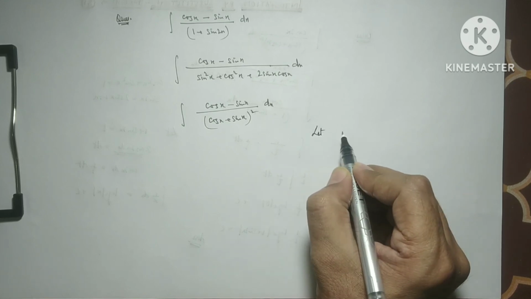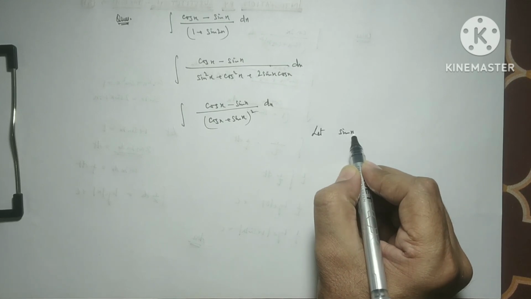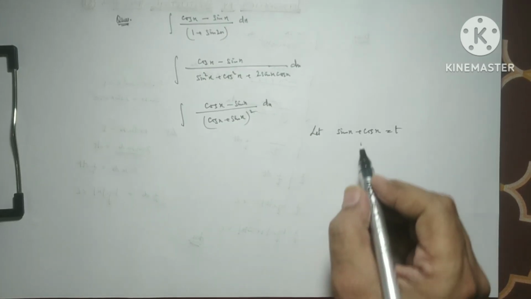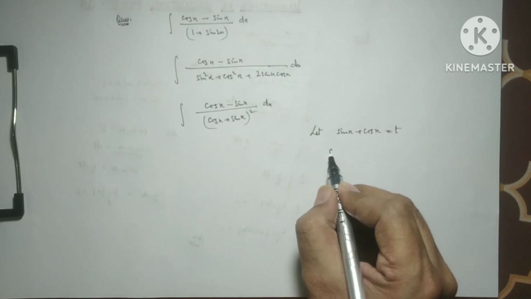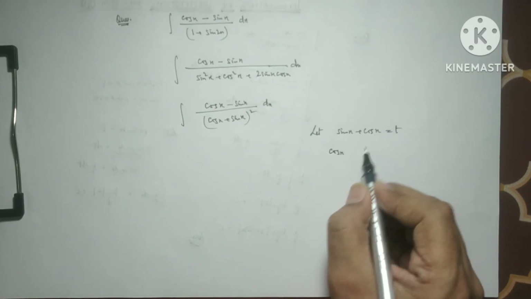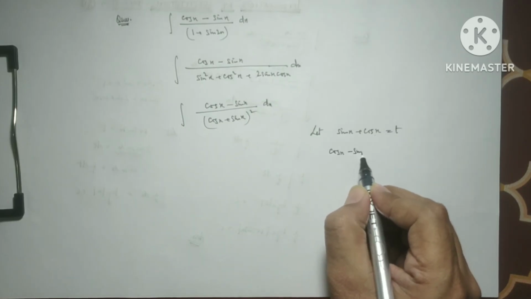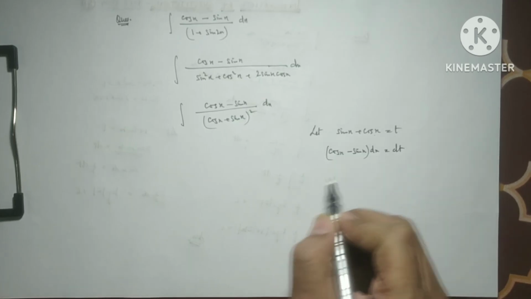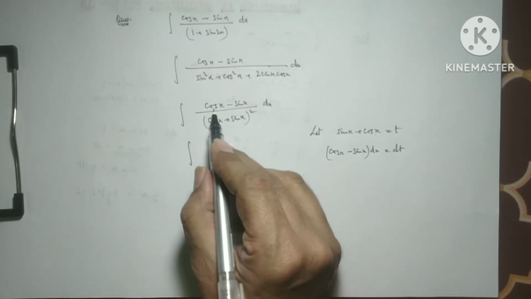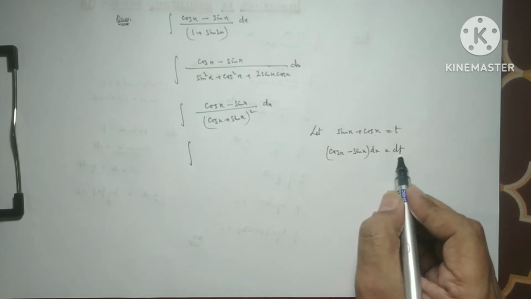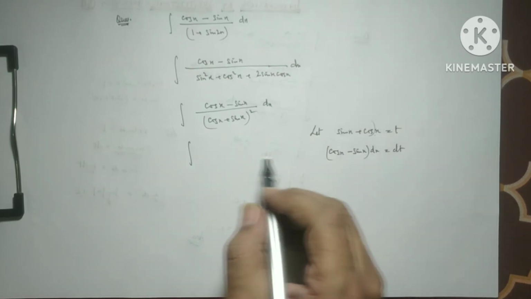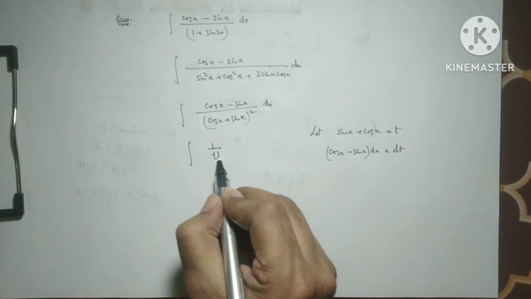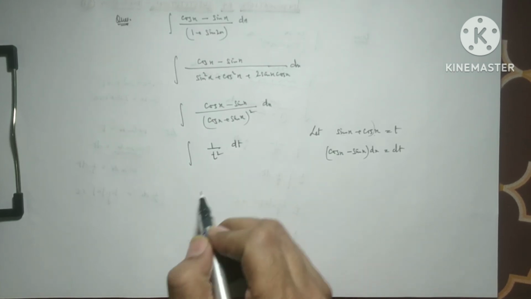Let sin x plus cos x be t. So on differentiation we get cos x, and the differentiation of cos x is minus sin x, dx equals dt. So this value is dt, and the assumption is sin x plus cos x is t. So we get 1 over t square, and there is dt.